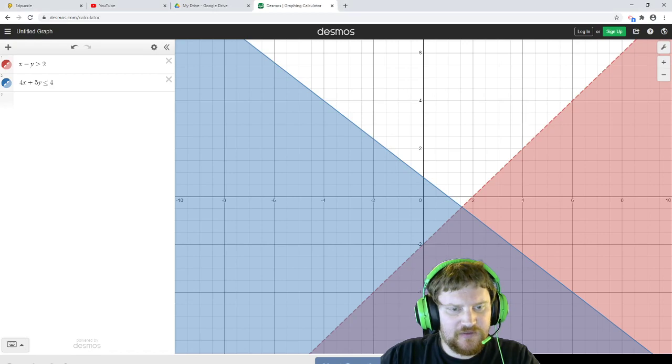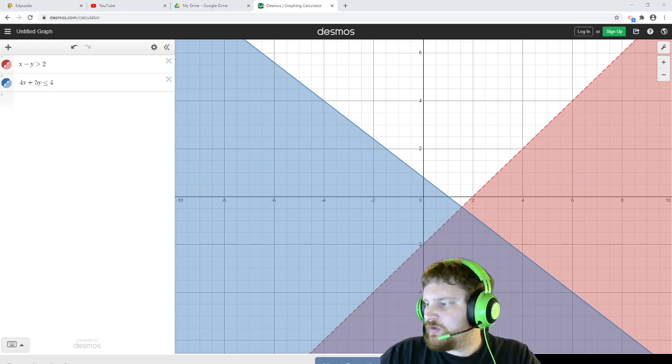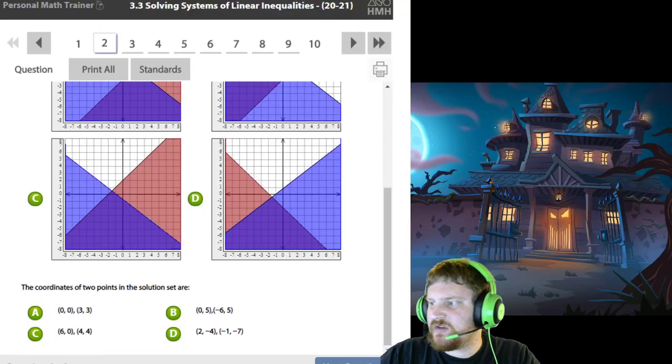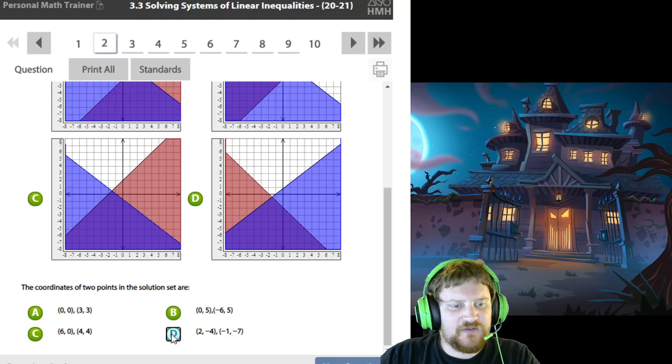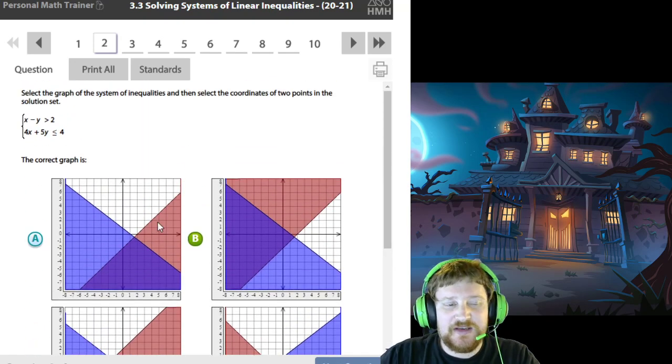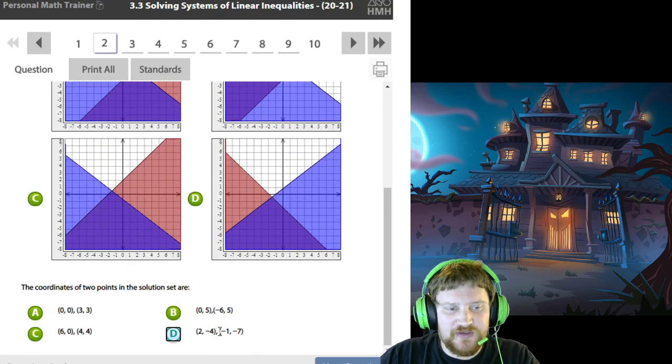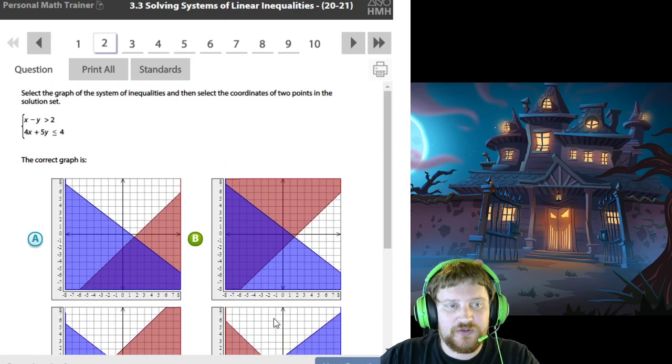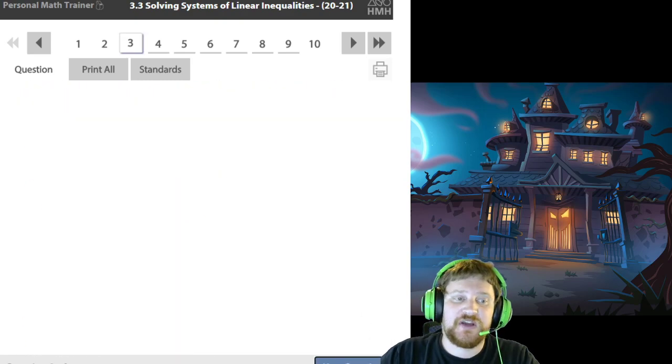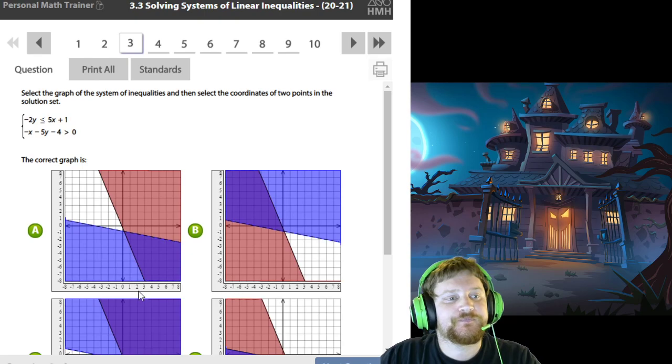Negative 1, negative 7. I read that one wrong. Okay, so let's go back to this. It is in fact D. So I guess I did have the graph correct, I just read negative 1, negative 7 wrong. So that took way longer than it should have because I didn't read correctly.